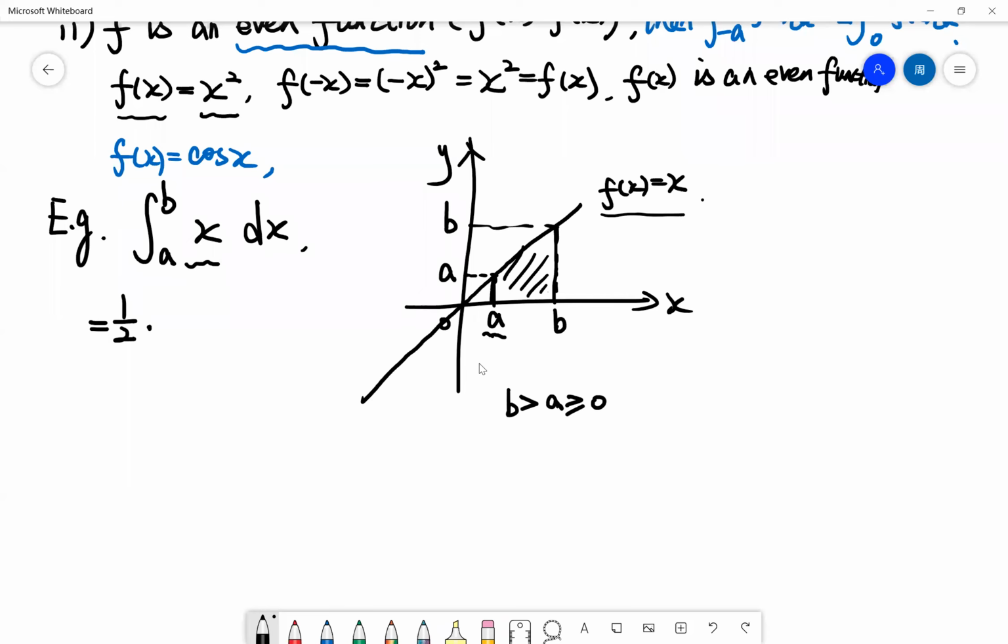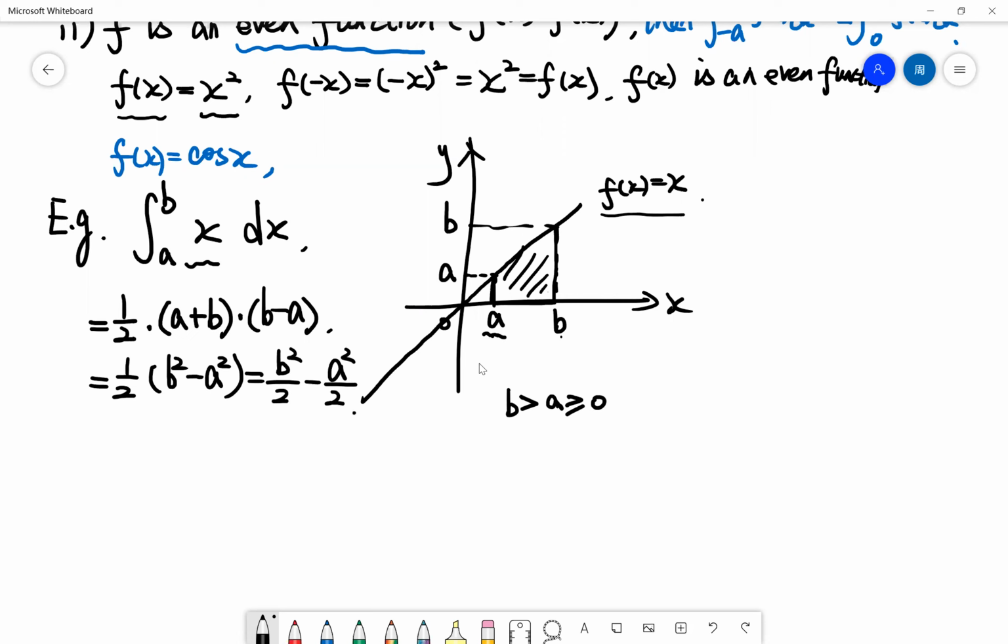And we know that is a plus b, times the height here, right? The height is the length of the interval. So that means b minus a, right? So we know that equals half times b squared minus a squared. That equals b squared by 2 minus a squared by 2.